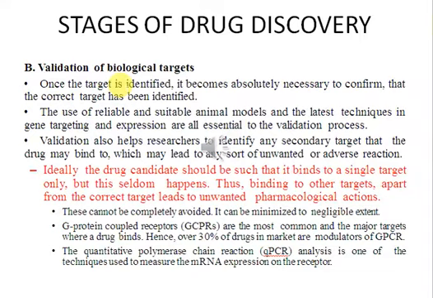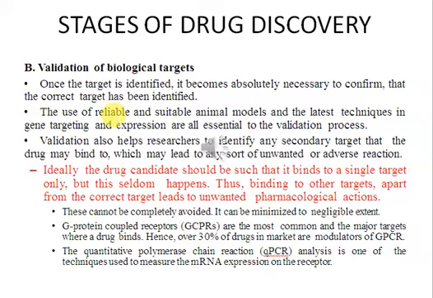Once the target is identified, it becomes absolutely necessary to confirm that we have selected the right target or not. Reliable and suitable animal models and the latest techniques in gene targeting and expression are used in this process.